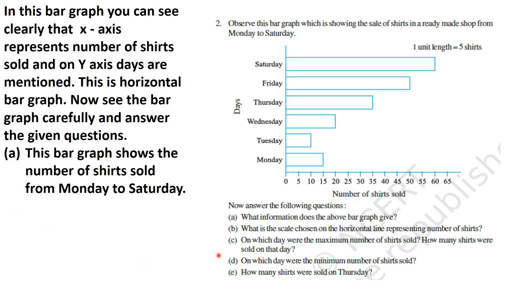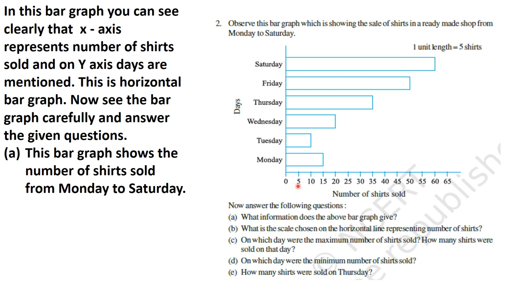Now see question number 2, B part. What is the scale chosen on the horizontal line representing number of shirts? See, this is the horizontal line. Here we have represented number of shirts. Now it is asked, what is the scale chosen? What do you mean by scale?